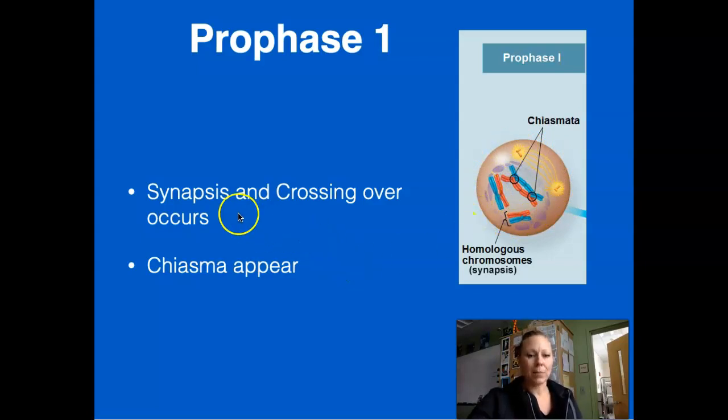During prophase 1, yes, the centrosomes move to the poles and the nuclear envelope is breaking down. But what's different in meiosis than in mitosis is that synapsis and crossing over occur, and the chiasmata appear. Everything else is the same as mitosis.